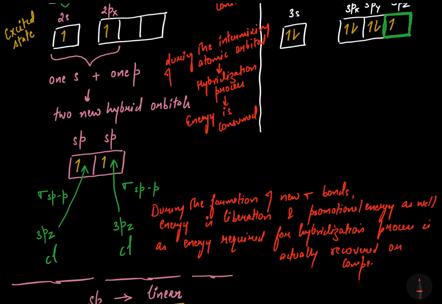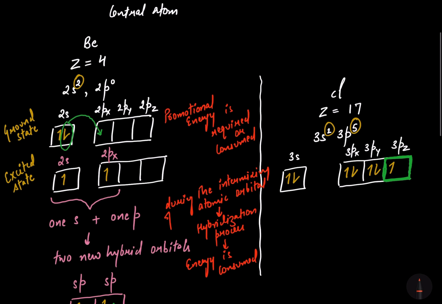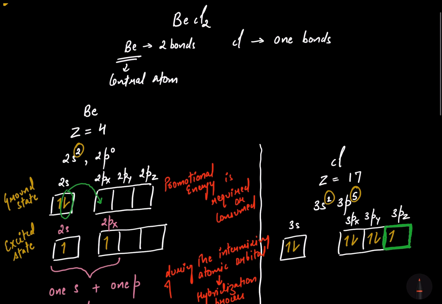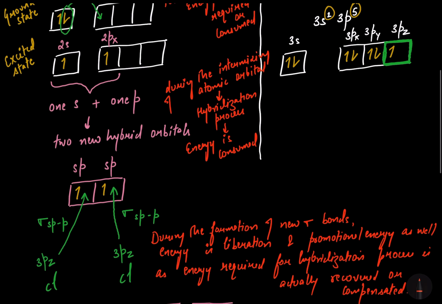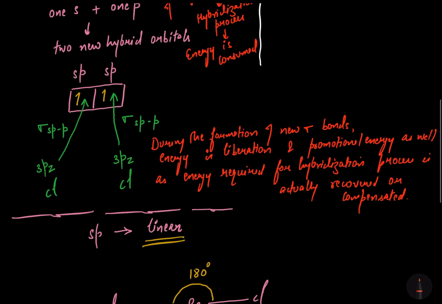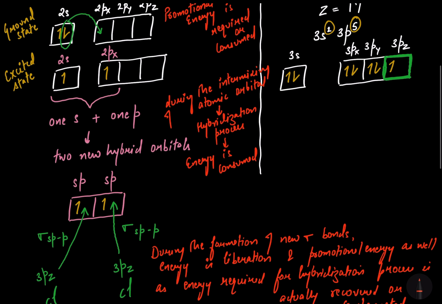So the two energies which were absorbed get compensated during the formation of new sigma bonds. That's why this whole process, the formation of beryllium chloride, is possible or feasible. So that's all about the sp hybridization.